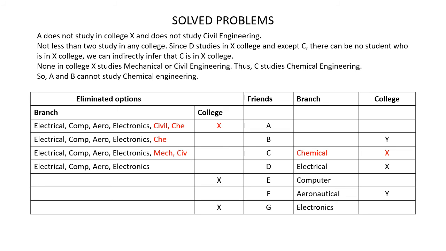Now we know that B and F study in college Y. We also know that A does not study in college X, E does not study in college X, and G does not study in college X. We also know that D studies in college X. So since A, E and G do not study in college X, clearly the only person left who can study in college X is C. So mark X under college for C. So now C and D study in college X and B and F study in college Y.